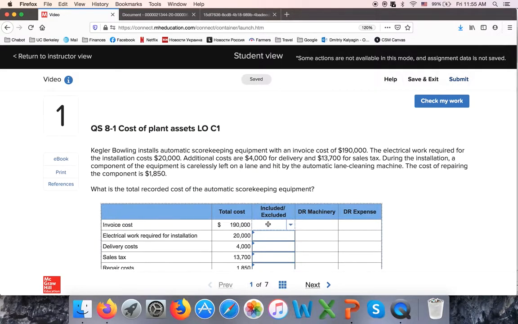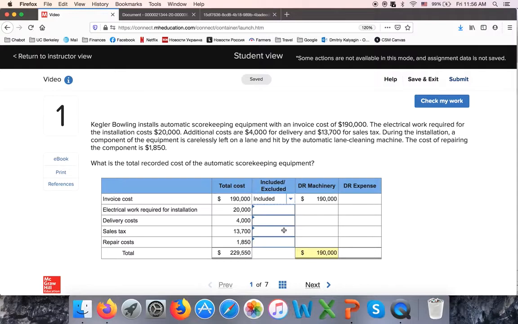Well, the purchase price, of course, the $190,000, has to be included in the actual asset. It's part of what we're going to debit as an asset, machinery, so it goes on the balance sheet. It's not an expense. Later, when we depreciate this equipment, we will be expensing it out and moving it from the balance sheet to the income statement.